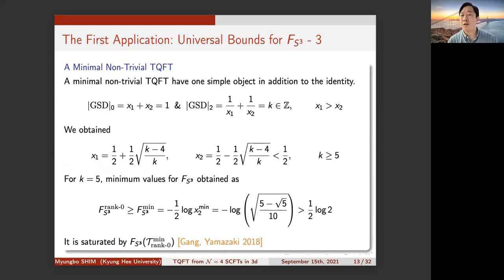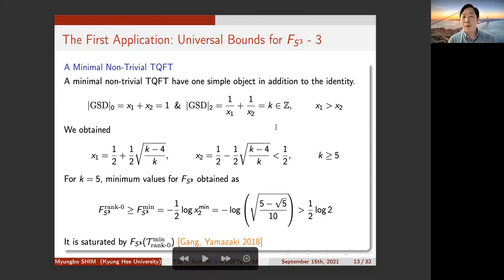A minimal non-trivial topological theory has two simple objects. One is an identity operator, and the other one is a non-trivial one. And we have x1 and x2. We define x1 as the larger one, and x2 is related to the three-sphere free energy.